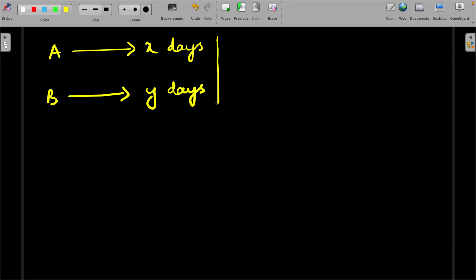Now we need to find out individual work. What is the work done by A in one day? So how to find that? Let us consider work done as 1 unit. So 1 unit of work is done in X days.